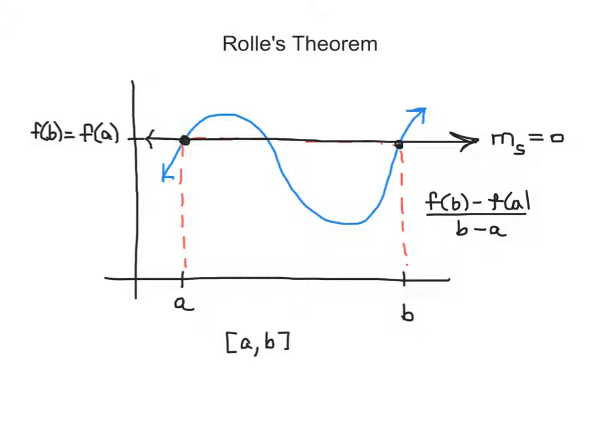But f of b minus f of a is 0. So if the numerator is 0, the value is 0. So the average value is 0, and now what we're saying then is that there is a value c such that f prime of c is also equal to 0.